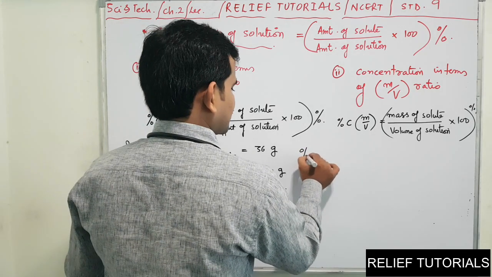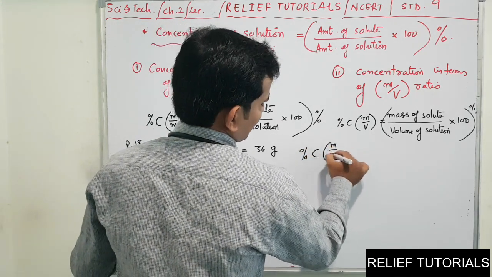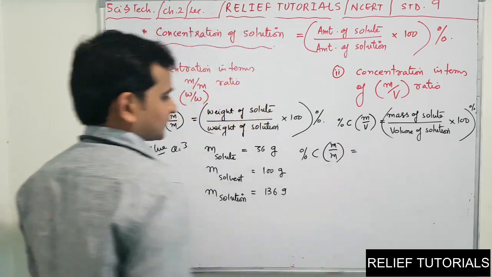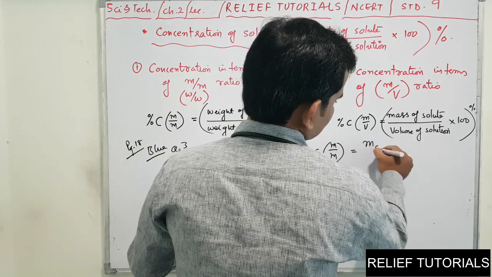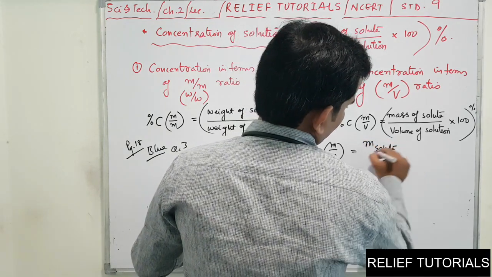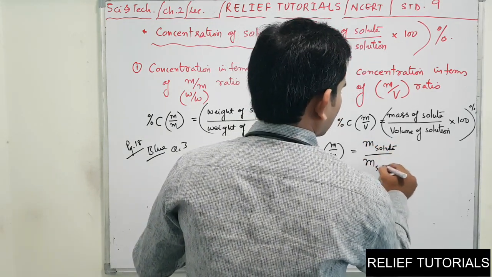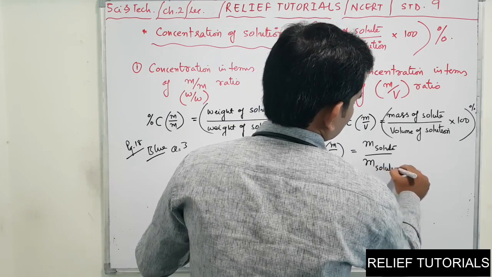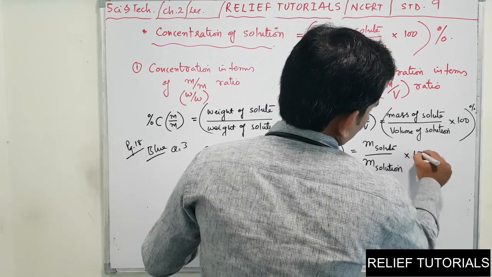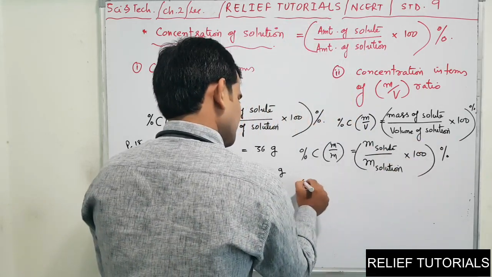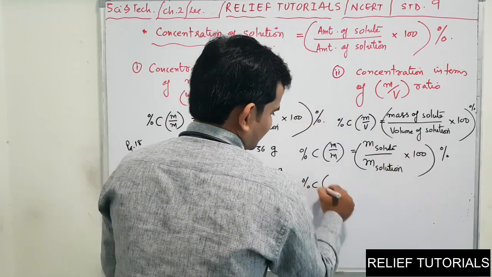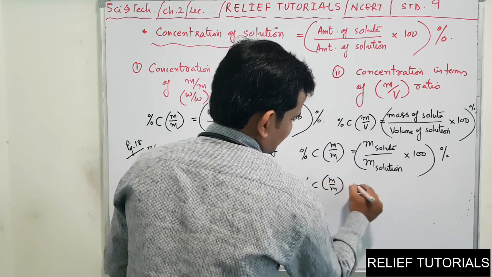So percentage concentration in terms of mass by mass ratio is equal to mass of solute upon mass of solution into 100 percentage.